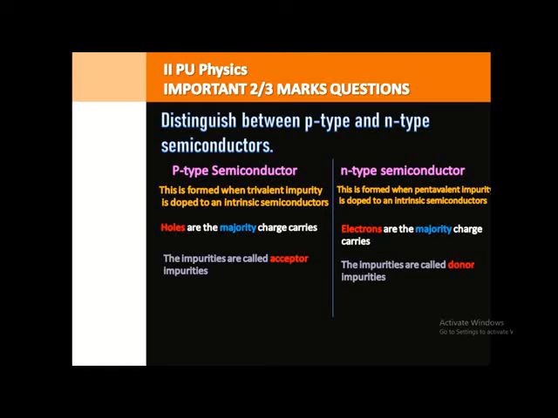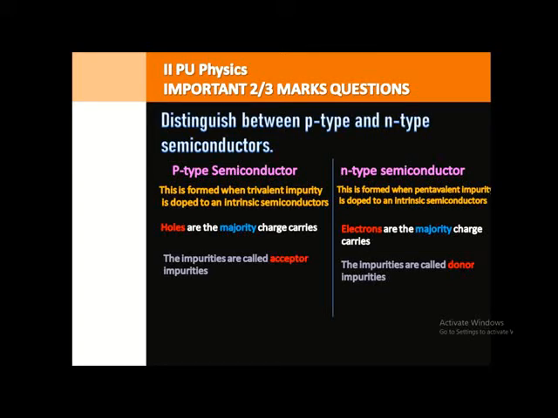Next, distinguish between p-type and n-type semiconductors. A p-type semiconductor is formed when a trivalent impurity is doped into an intrinsic semiconductor. An n-type semiconductor is formed when a pentavalent impurity atom is doped into an intrinsic semiconductor.